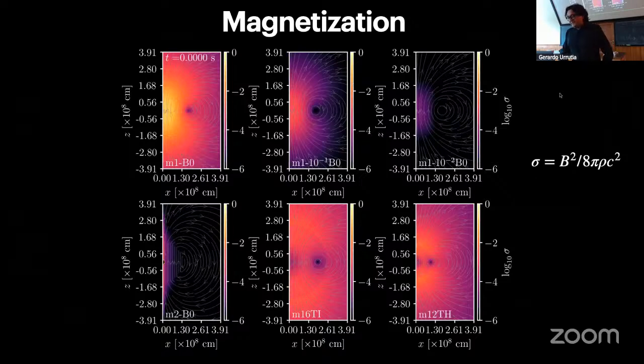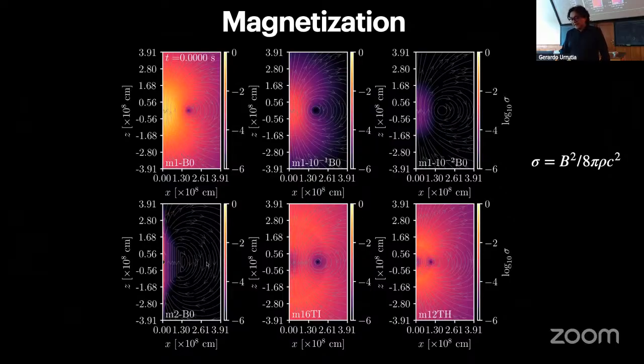Okay, here I want to mention something about the inner structure of the jet. We are focused, as I said, on 2 different ingredients: the magnetization and the structure of the progenitor. Here, for example, I am showing the same progenitor with different magnetic field strength.